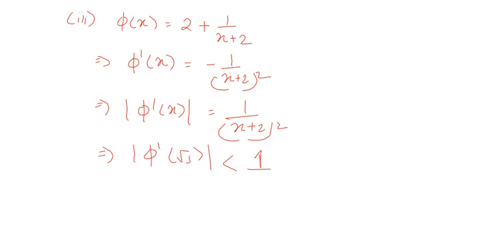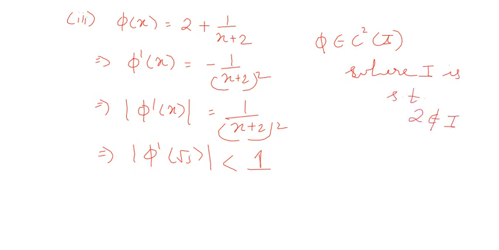In the third case you have phi belongs to C2 of I, any closed interval I such that 2 does not belong to I. Then it will certainly satisfy the condition of the Picard fixed point theorem.